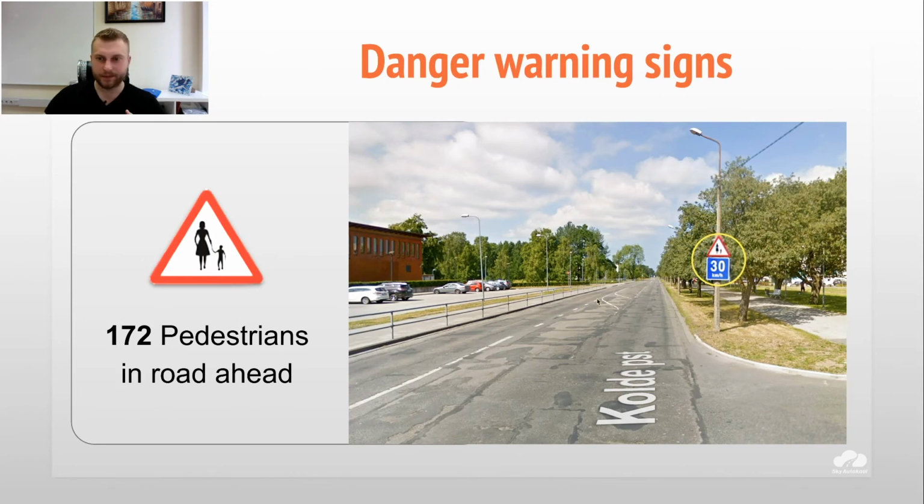Pedestrians in road ahead. It means this is a road where pedestrians can usually walk. Some parks, resting areas, for example, seaside, like near Pirita or in Pelguranna. People very often walk there because it's a beach and it's always sunny.